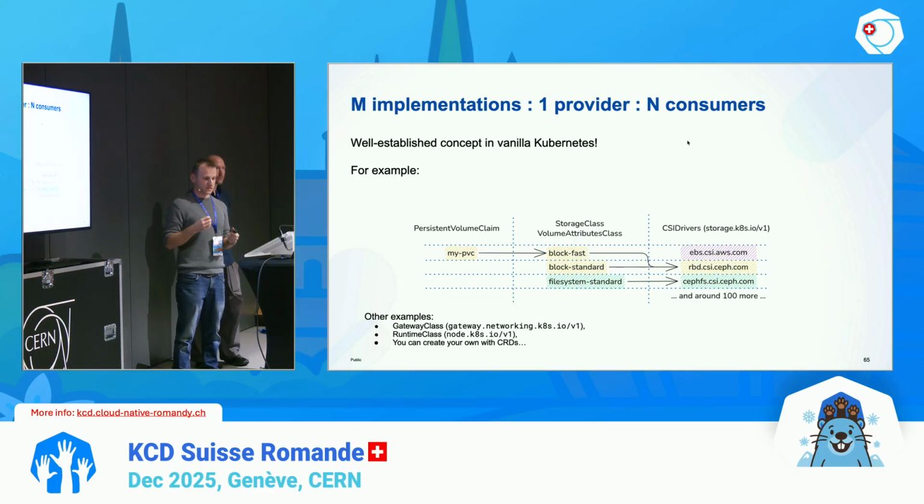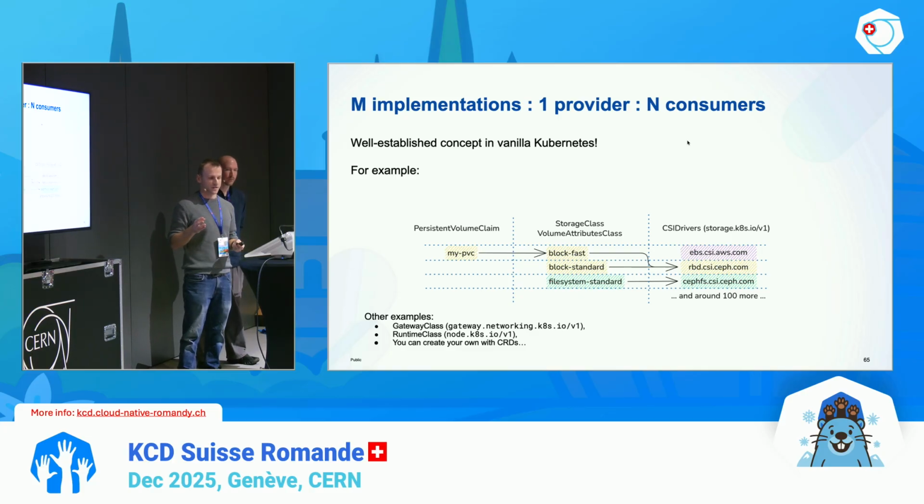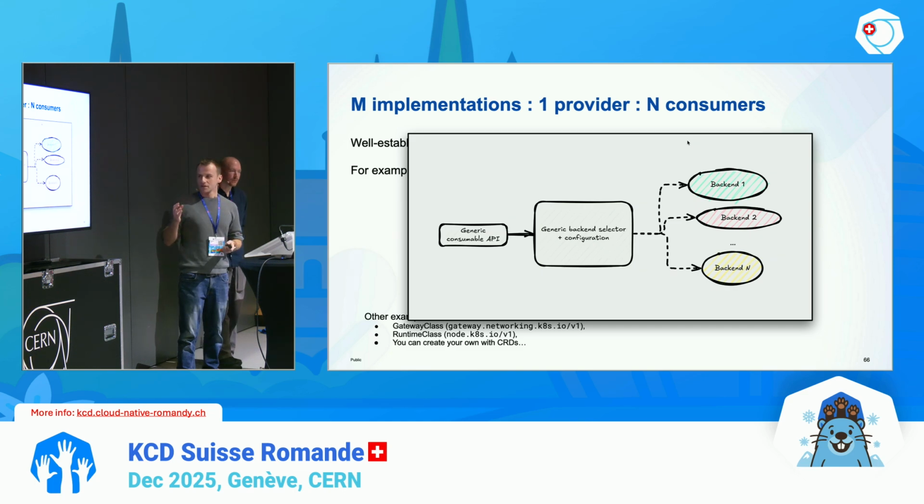And what's important from the perspective of interfaces is that all that you care about as a user is this PVC, and all the rest of the stuff that is storage specific, you don't care about, thanks to this intermediate type, this storage class that can do the referring for you. We can imagine it similar to some generic API that has many different implementations, and if you were to program this in some sort of programming language, you would use function overloading or something like that.